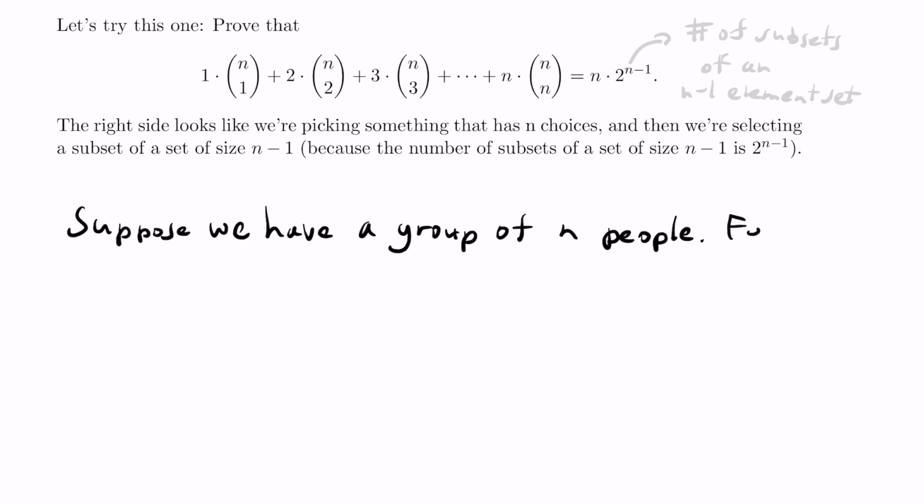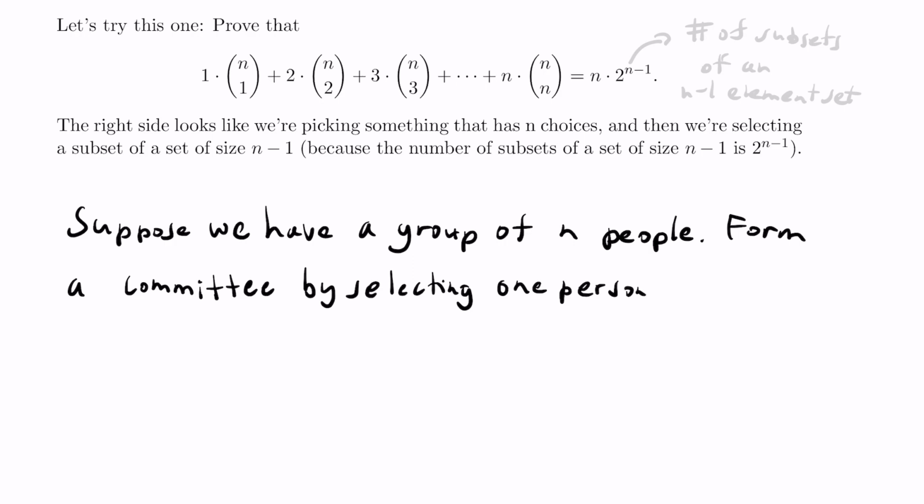We will form a committee, kind of using the idea we had in the previous problem, selecting one of the n elements in the set we'll think of as picking a leader. So form a committee by selecting one person to be a leader.